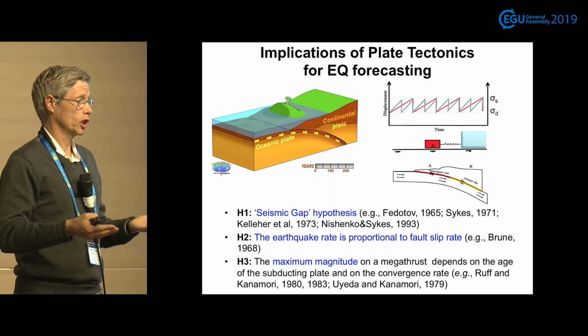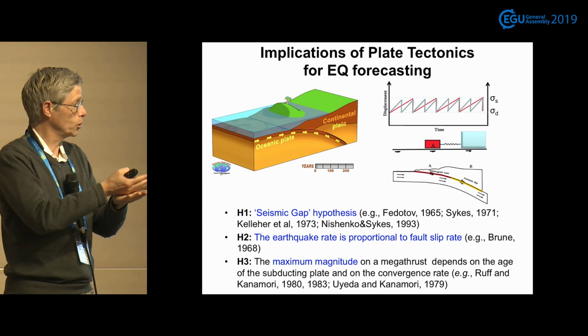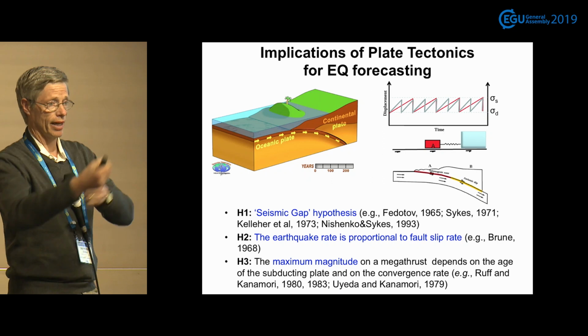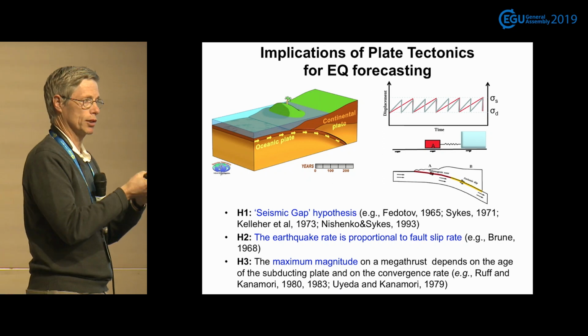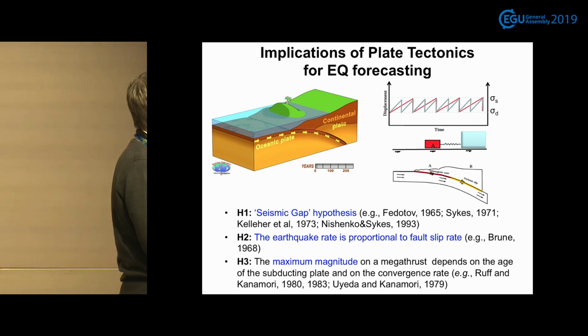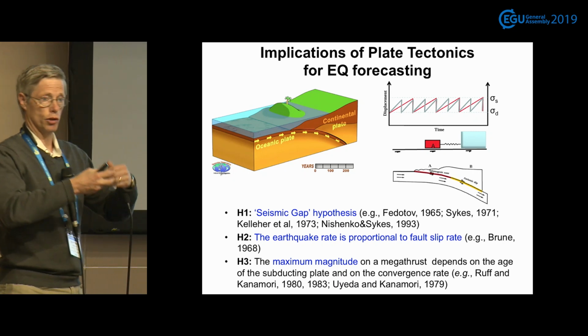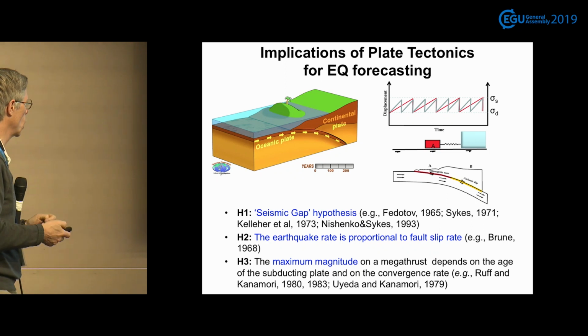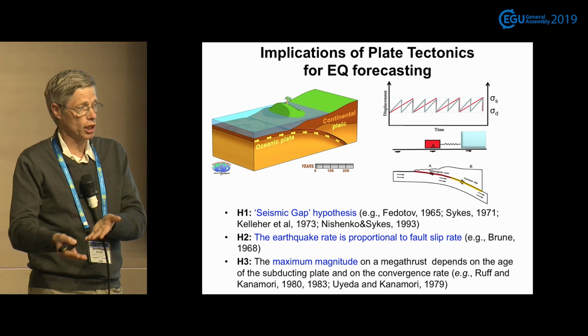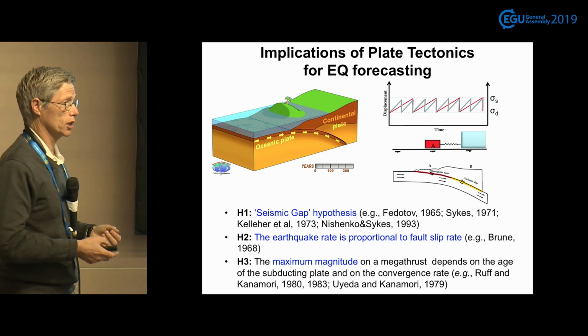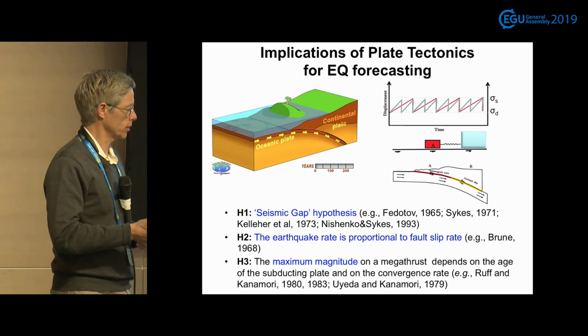The plate convergence is going to determine the thermal structure because you are advecting heat. You also produce heat by shear heating. So intuitively, it's a quantity that should correlate with the extent of the seismogenic zone. And the age of the plate should also matter, the age of the oceanic plate that is being subducted, because the older it is, the colder it is.